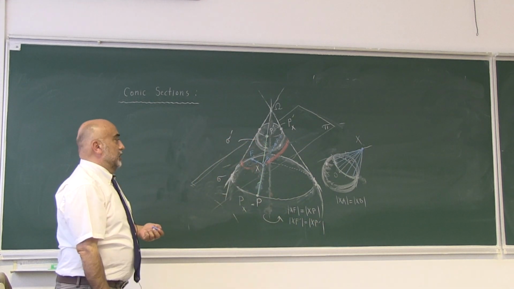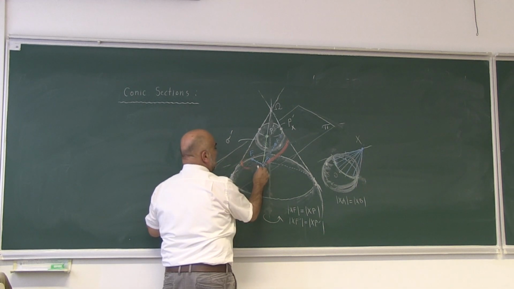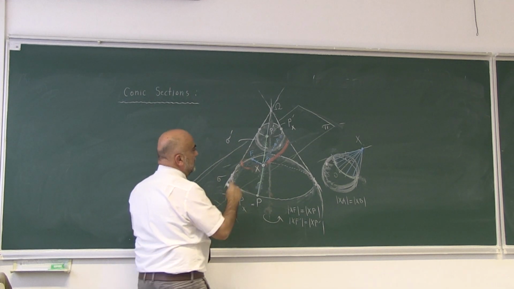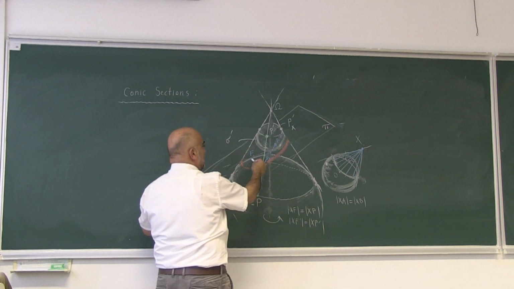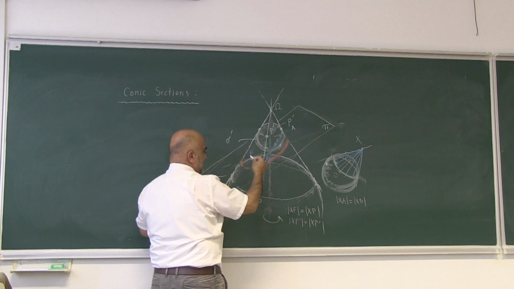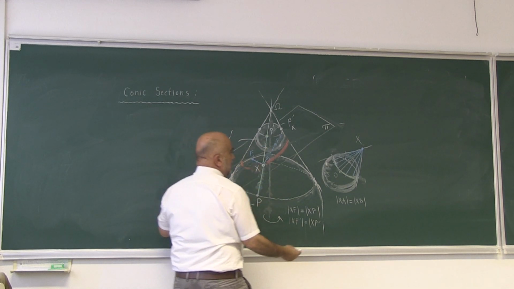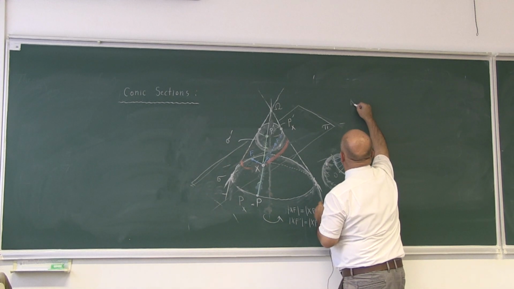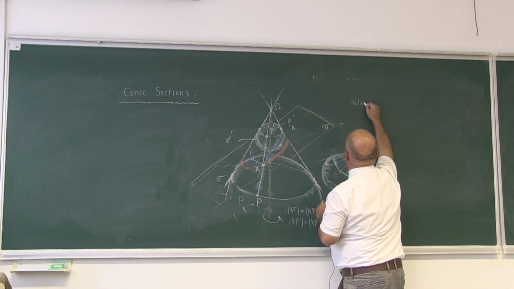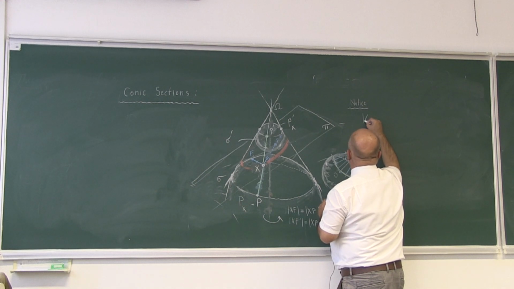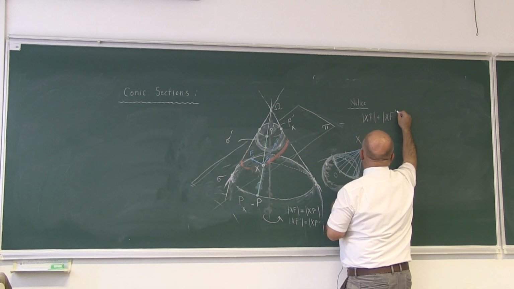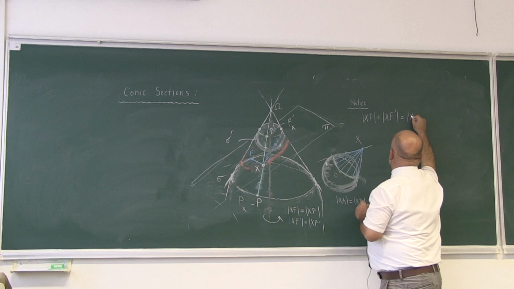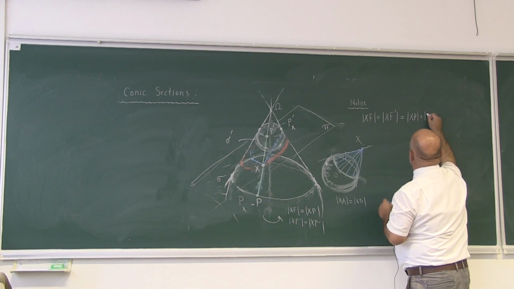Well, here we have got something crucial at least. So that's the point X. It means that if you add XF and XF prime, that's equal to XP plus XP prime.